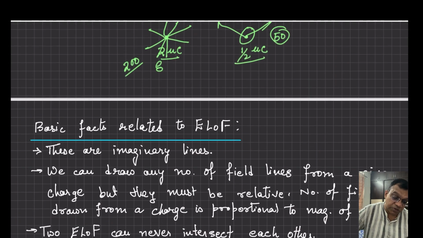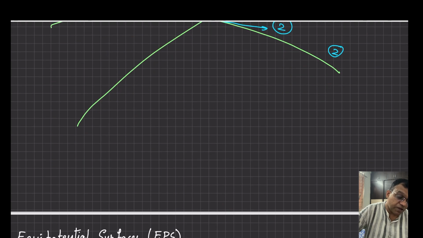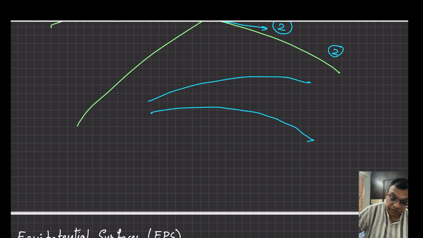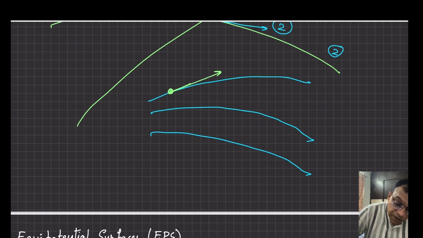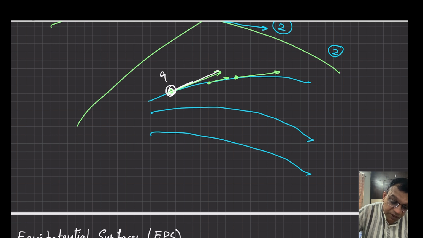Now another thing you see, say if we have the electric lines of forces like this. It means direction of electric field here is in this way, at this point is this way, at this point is this way. If you release one charged particle here, say a positive charged particle, then it experiences the force in this direction equal to QE.